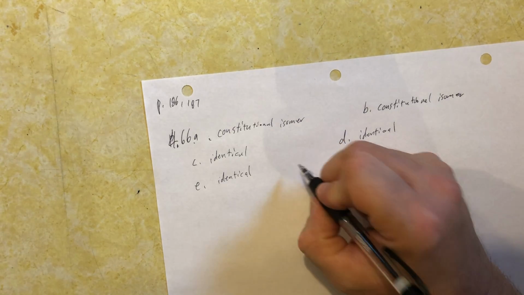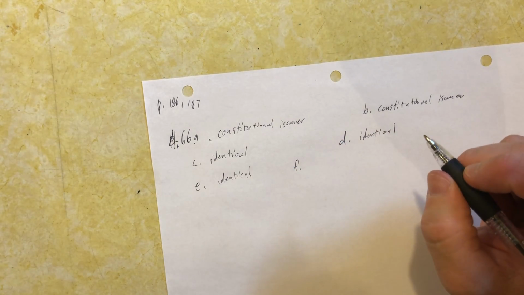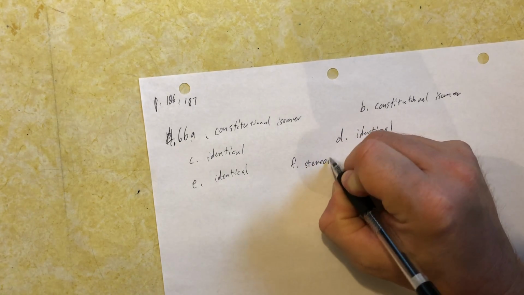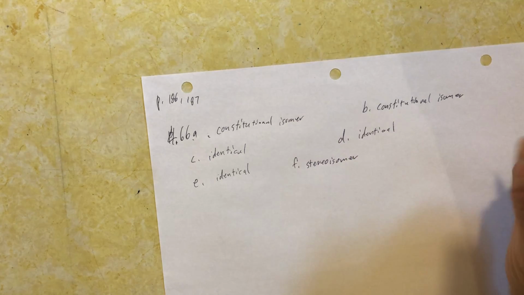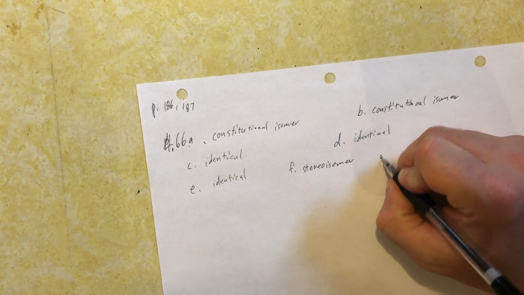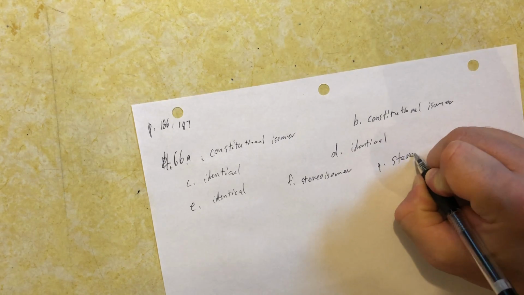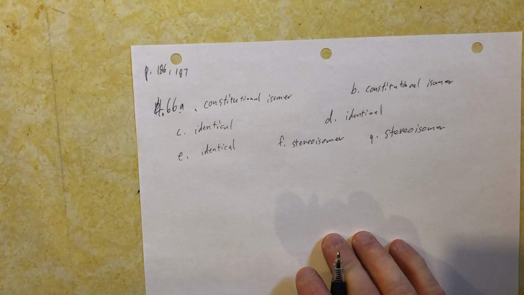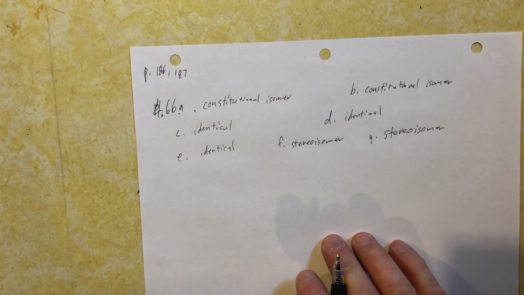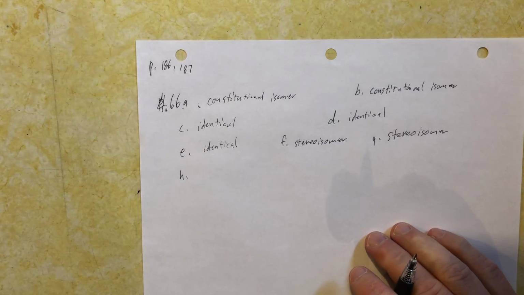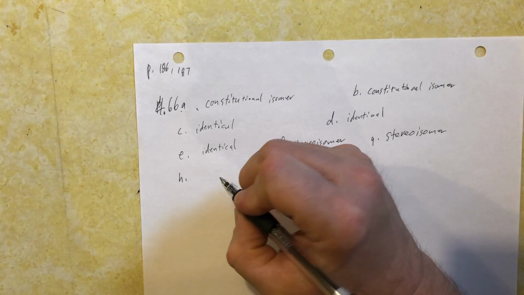F, I came up with the stereoisomer. G, I came up with stereoisomer. H, I came up with those two are stereoisomers.